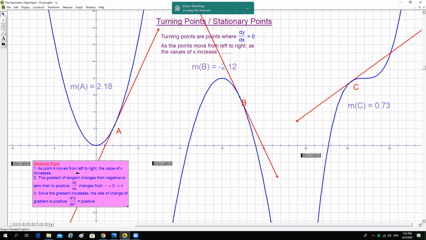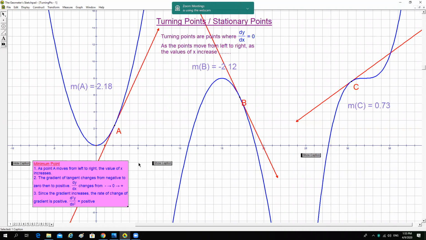The gradient of the tangent changes from negative to 0, then to positive. This is in words. Symbolically, we write dy/dx changes from negative to 0, from 0 to positive.